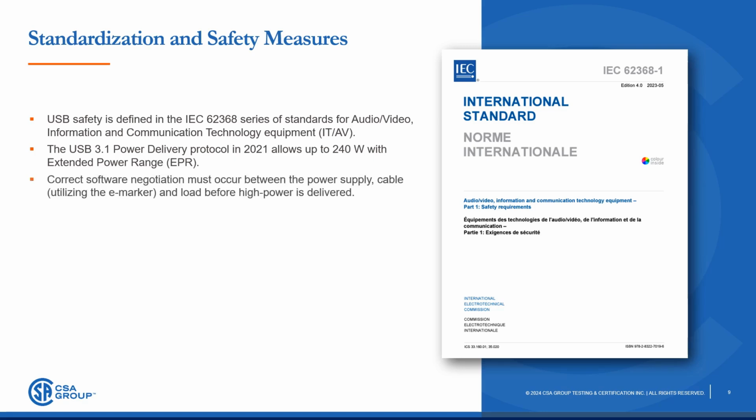Verifying safe high-power delivery involves a software-based handshaking procedure which negotiates the power capability of each part of the power system, for example between the appliance, the power source, and an embedded integrated circuit, commonly known as an E-marker, within the cable connector, before the high power is delivered.